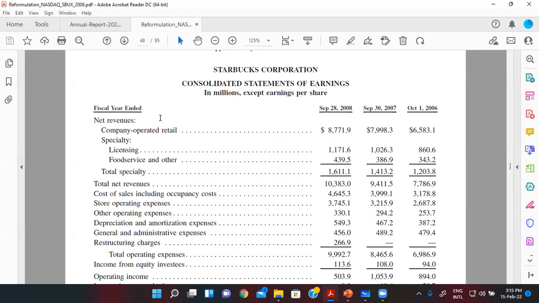So what is our task? Our task is to prepare a reformulated income statement. Can you recall what I mentioned before making a reformulated statement? Before making the reformulated statement of earnings, we need to make the reformulated statement of shareholders' equity. Can you recall that I mentioned it during our discussion in the first part?